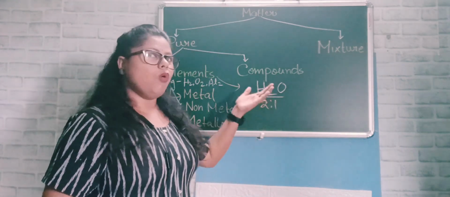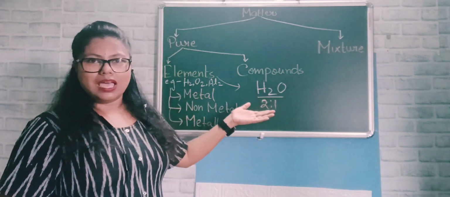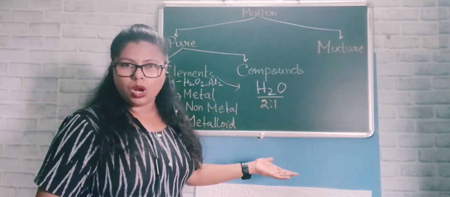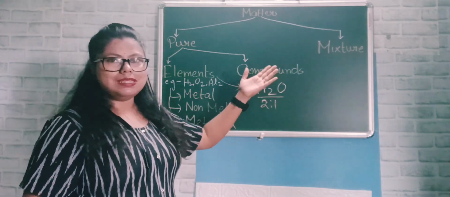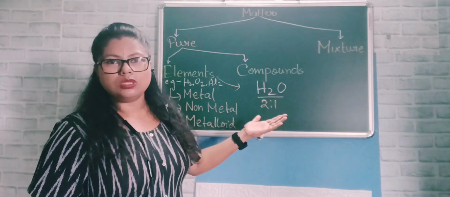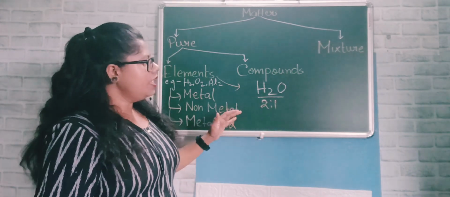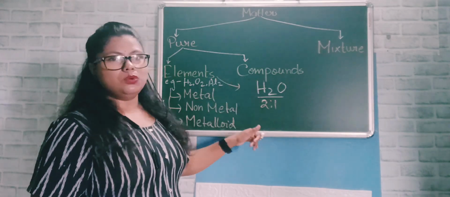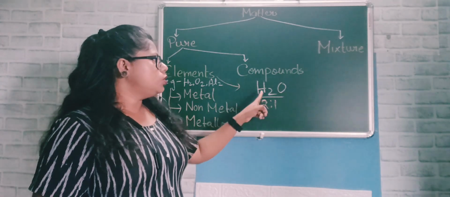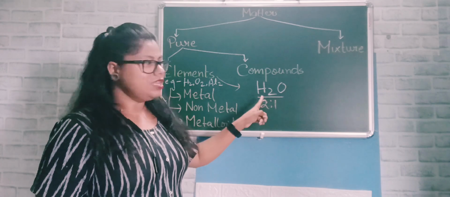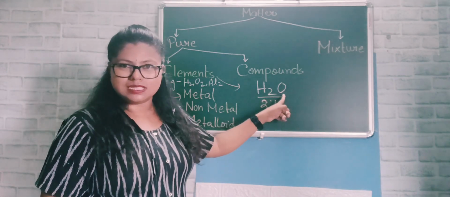If you take more hydrogen than this, things will not work. If you take more oxygen than this proportion, the compound water will also not form. So for one molecule of water, we need 2 portions of hydrogen and 1 portion of oxygen.